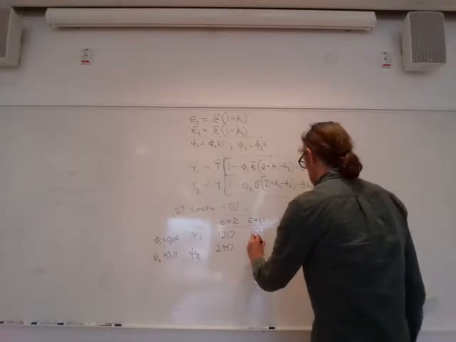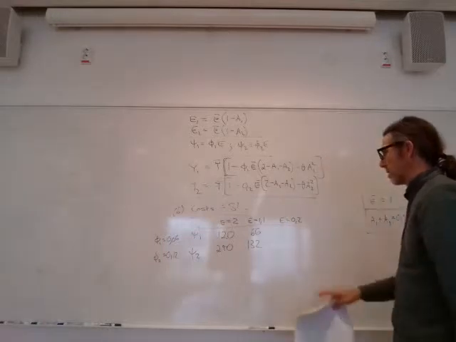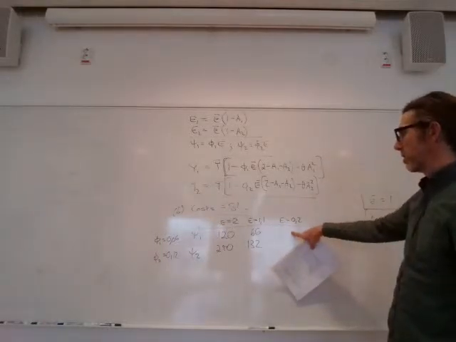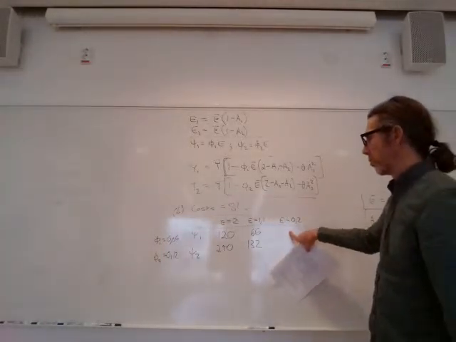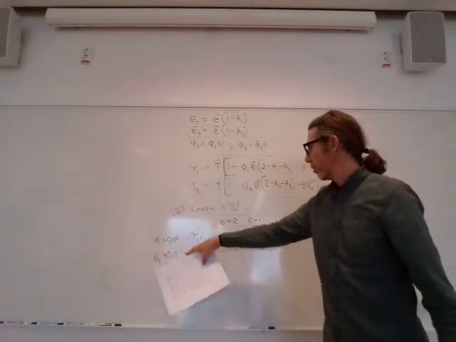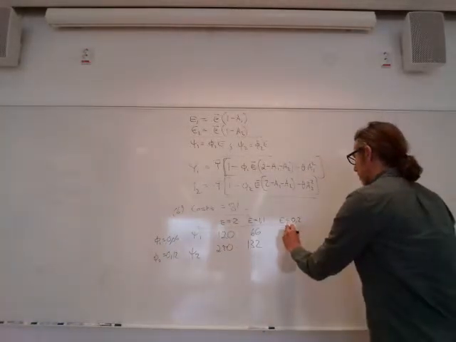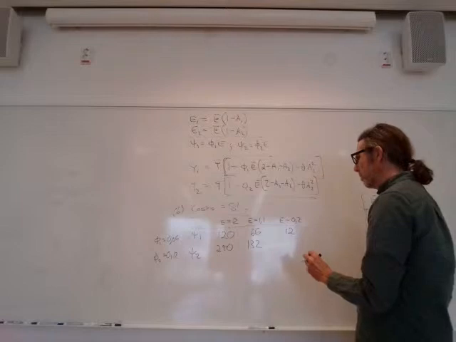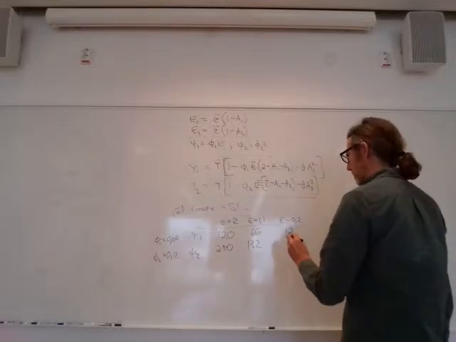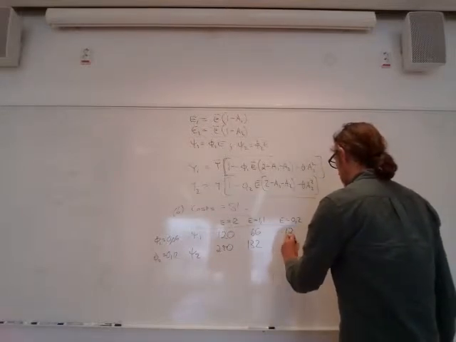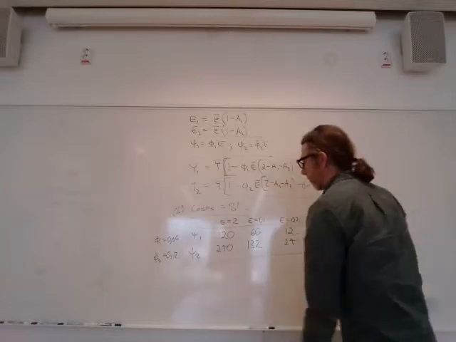It'll be 132. And if emissions are just 0.2 times this is 0.012. It's 12, isn't it? And this should be 24.